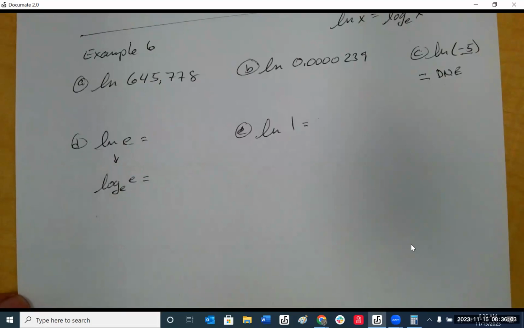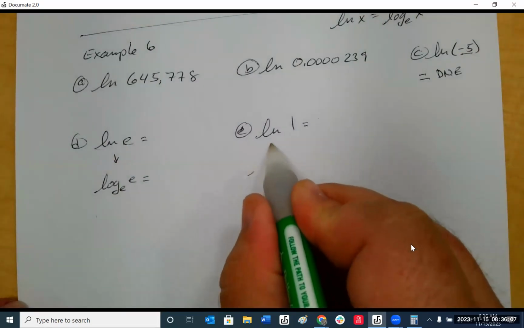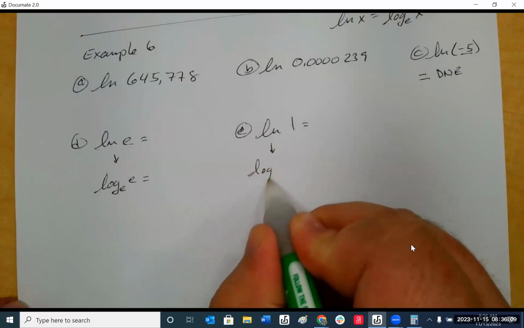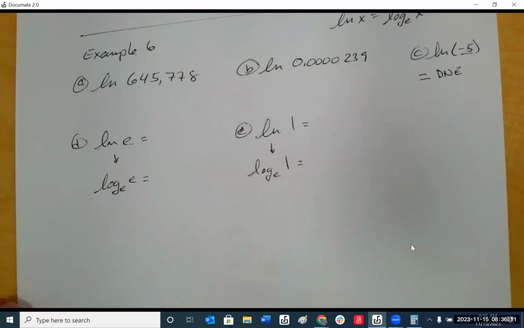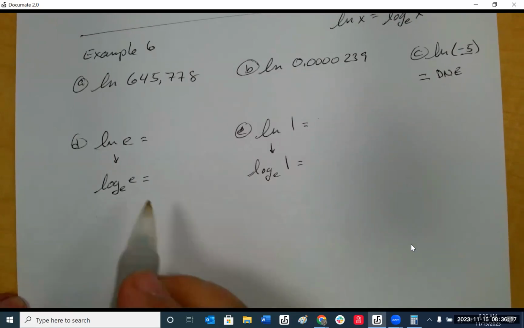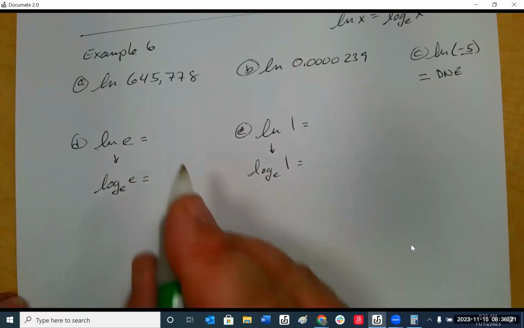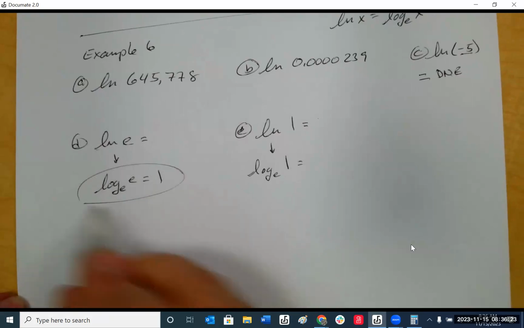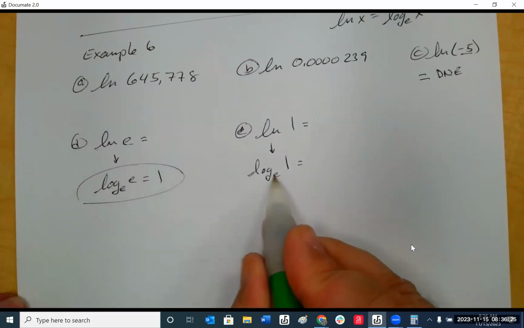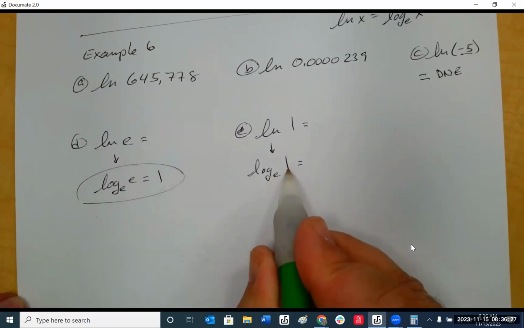What does that equal? Log base e of 1. We talked about these about 5 minutes ago. If the base and the number are the same, what does it equal? 1. And if the base, no matter what the base is, of 1 equals what?